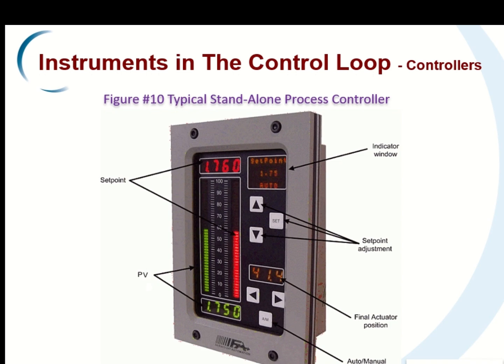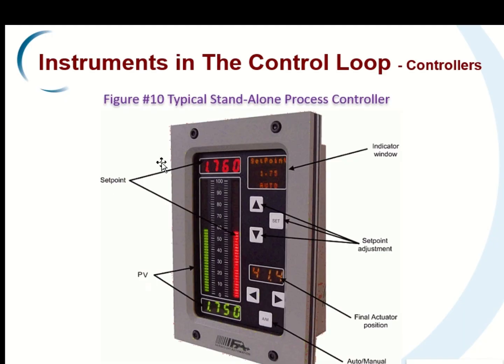The PV values are also indicated in two ways. The first, shown in the green bar graph, indicates the PV is at 58%. The second, shown in the green digital display, indicates PV at 1.760, which is the actual units of the control variable. The position of the final actuator, or perhaps the control valve in this case, is shown as 41.4%.